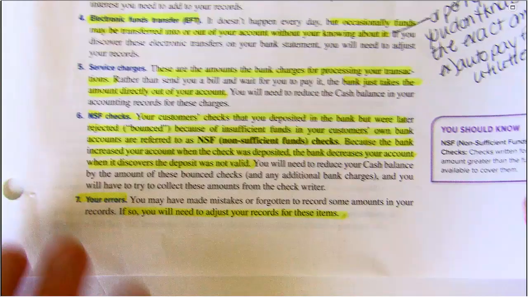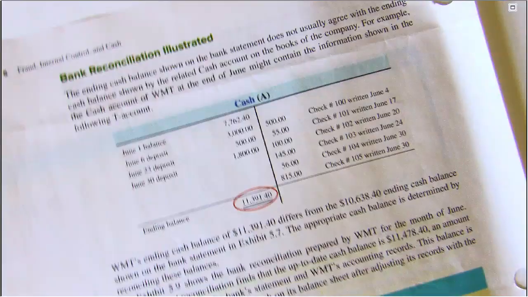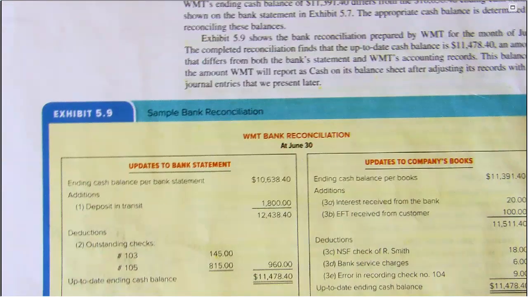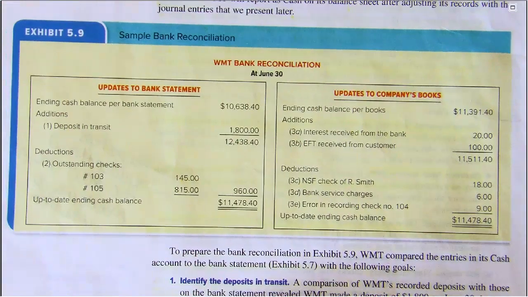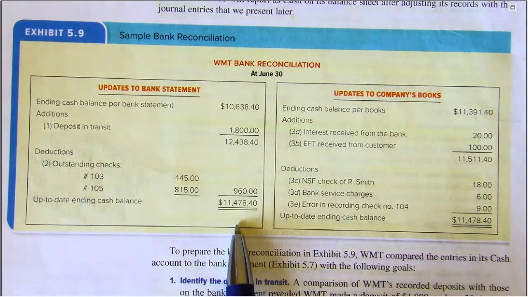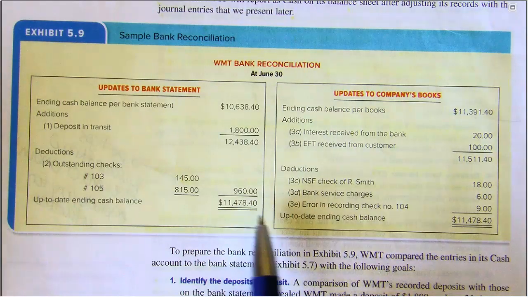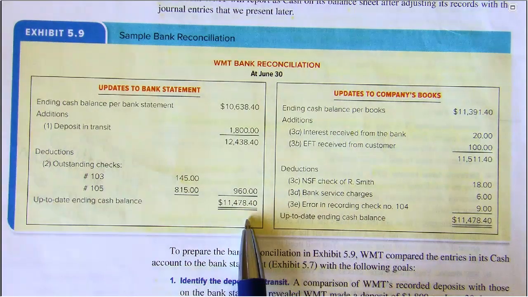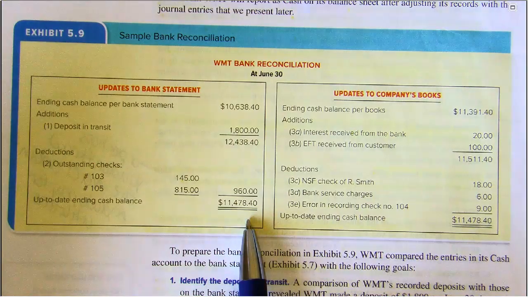Okay, so let's look at the actual reconciliation. The main goal of performing this reconciliation is to come to agreement on exactly how much you have in the bank, and we want these up-to-date ending balances to be the same, to equal.